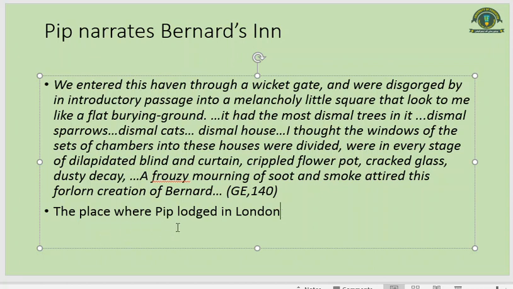The place where people lodged in London was Bernard's Inn, and this is the way he describes this inn. A lot of minute observations are shown through Charles Dickens' lens. It shows his minute observation of things and places. It looks like first-hand knowledge, in fact.